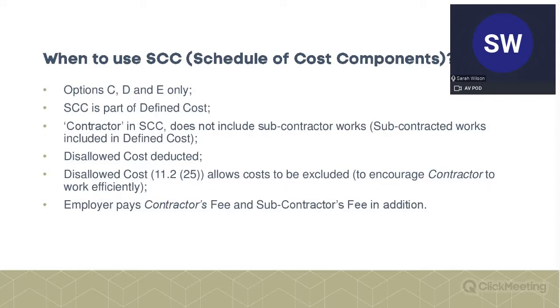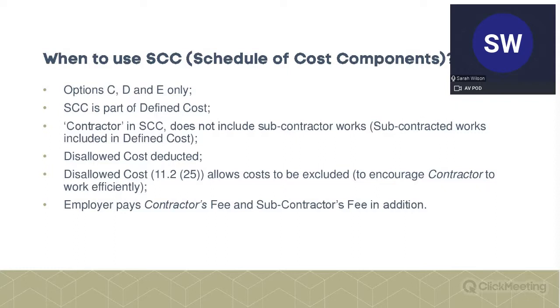In the schedule of cost components, we're talking about the contractor's work. Subcontracted work is dealt with within the definition of defined cost, so it doesn't appear in the schedule of cost components.